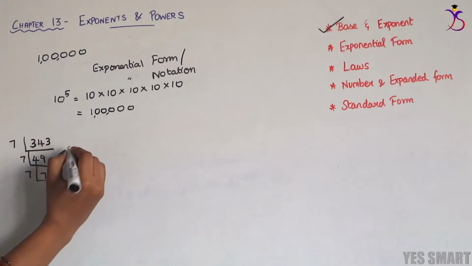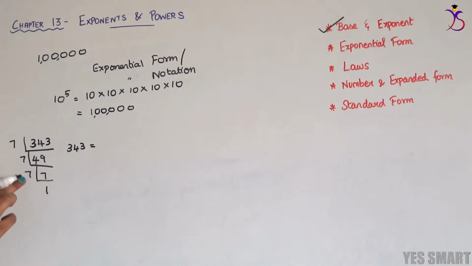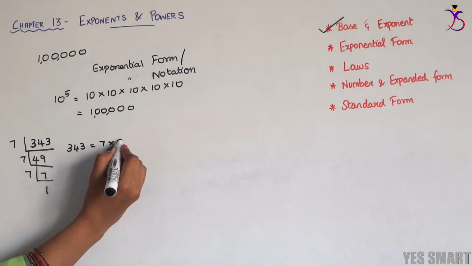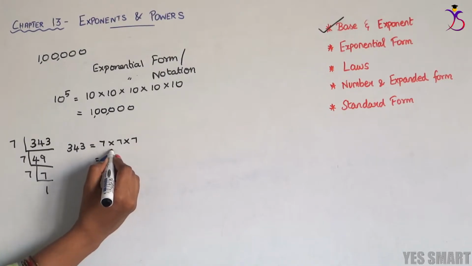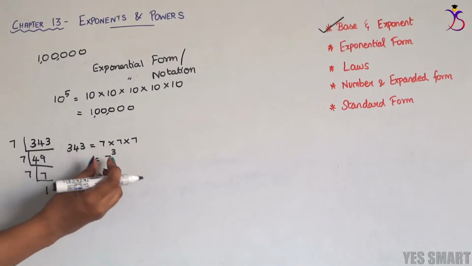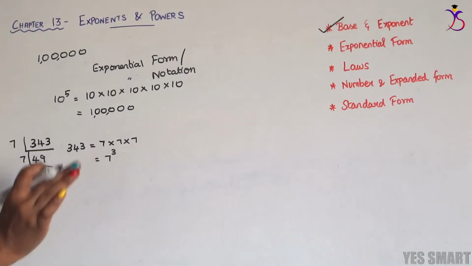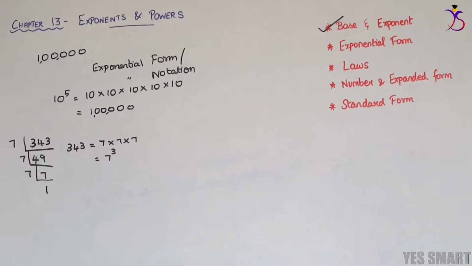So 343 can be written as 7 into 7 into 7, that is 7 cube, because we have three 7s. So 7 to the power of 3 into 1. That doesn't matter whether we write it or not. So 343 can be represented as 7 to the power of 3, because 343 is the product of 7 into 7 into 7. Likewise, we will represent all the sums in exponential form or notation.